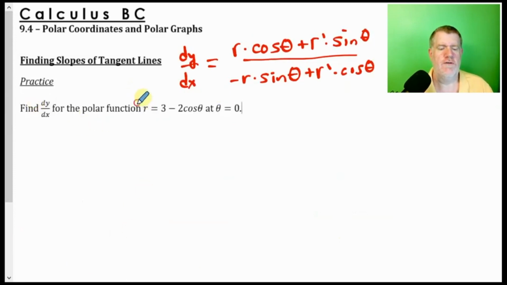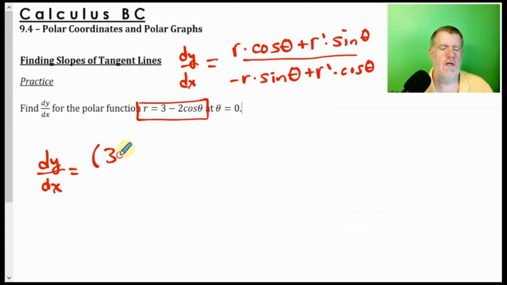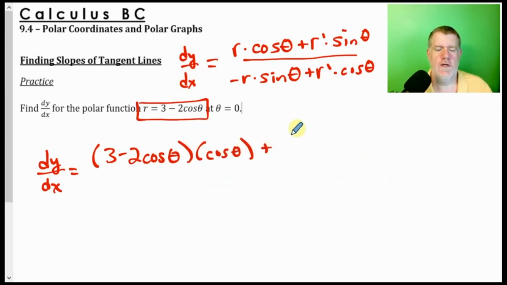So if I want to find the derivative of this polar function, it'll be a long answer, but that's okay. It's r, so it's the whole function 3 minus 2 cosine of theta times cosine of theta, plus r prime, and r prime would be negative 2, derivative of cosine is negative sine, right, times sine of theta.